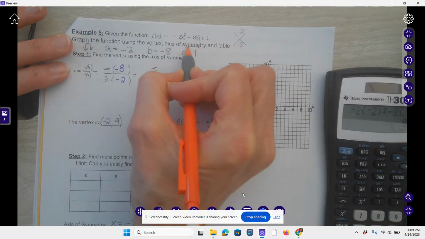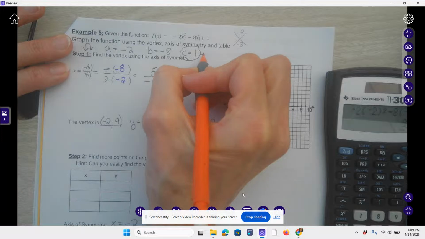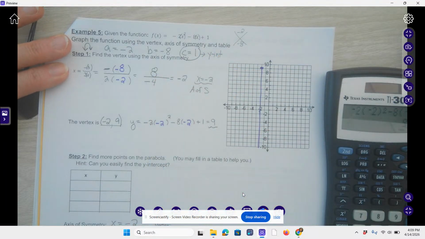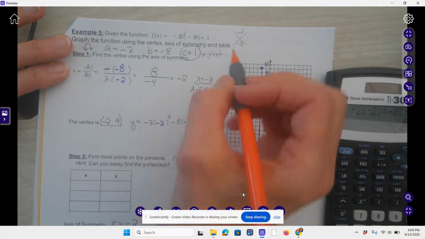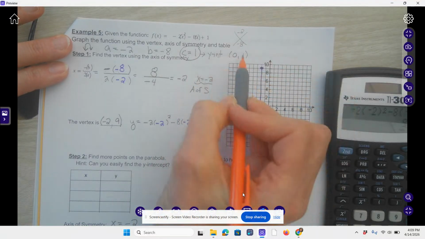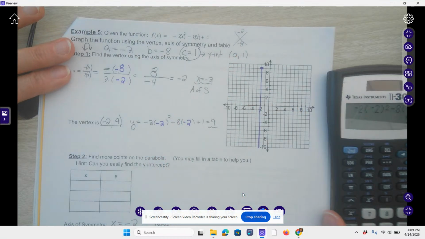Let's not forget to go ahead and graph the y-intercept right now also, because that's going to give us 2 points on our graph. So c is always your y-intercept. A y-intercept means you have a y value of 1 and x is 0.